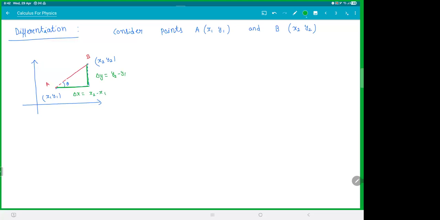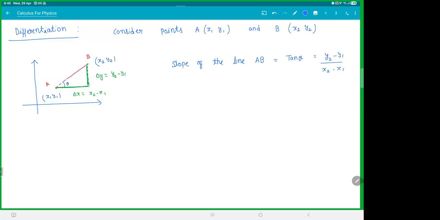So this symbol delta, right, is called change. So the slope of the line AB, this you studied in school, right, is tan theta, which is Y2 minus Y1 by X2 minus X1.